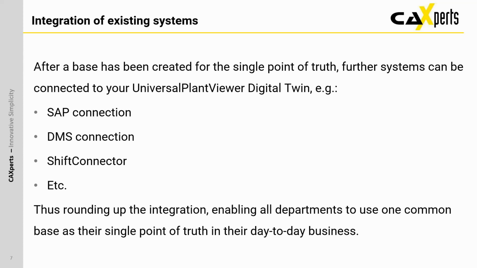You can use, for example, software like Shift Connector that helps you manage your production over the shifts and shift turnovers, but also failure reports and management, and so many more. Plant Viewer is the ideal integration platform for all of this, thus rounding up the integration and enabling all departments to use one common base for the information as their single point of truth in the day-to-day business.